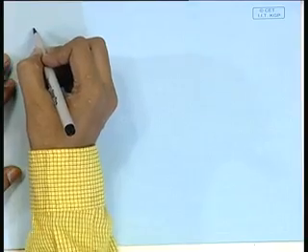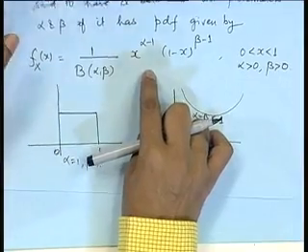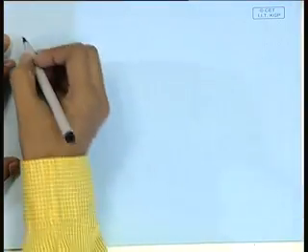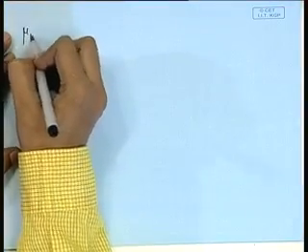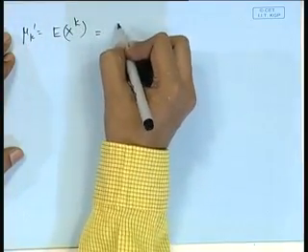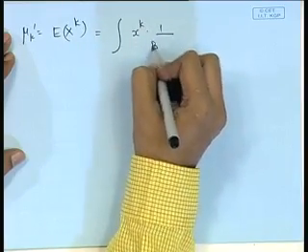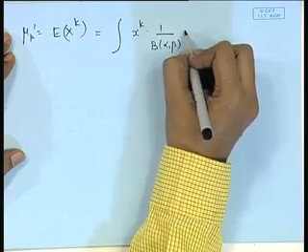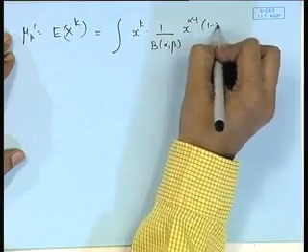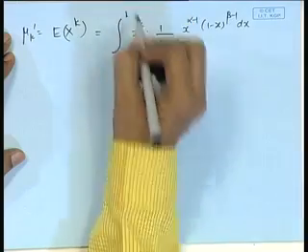We can look at the moments of this distribution. Since it is over a finite range, it is clear that the moments of all orders will exist. If we consider the expectation of x to the power k, this is equal to the integral of x to the power k, 1 by B(alpha, beta), x to the power alpha minus 1, (1 minus x) to the power beta minus 1 dx from 0 to 1.